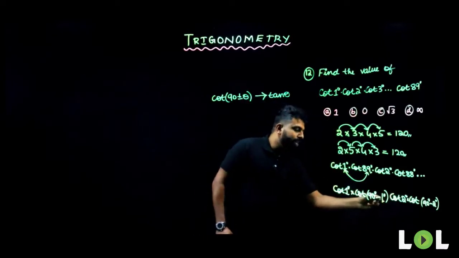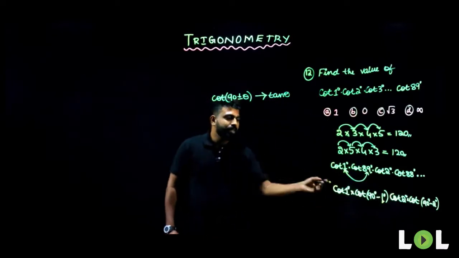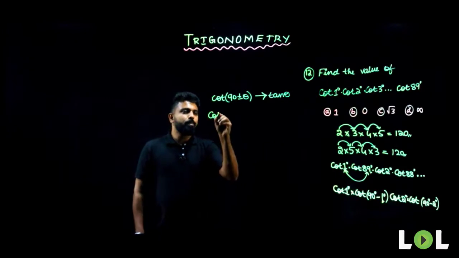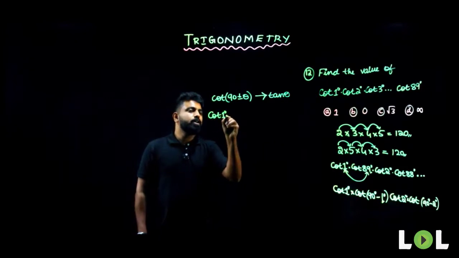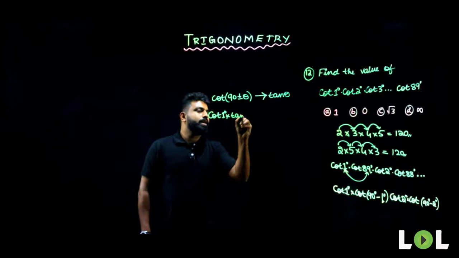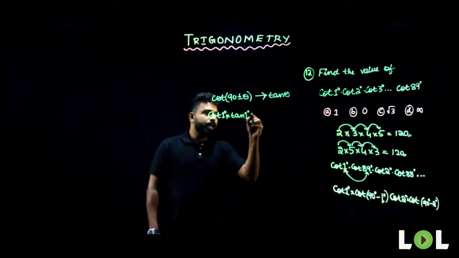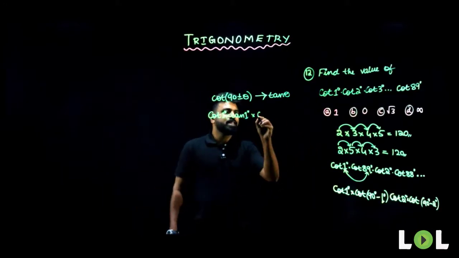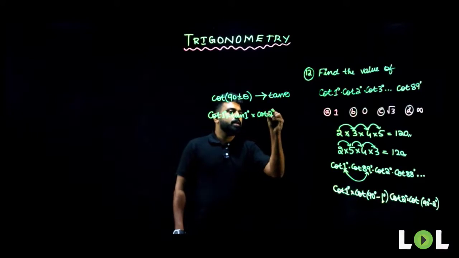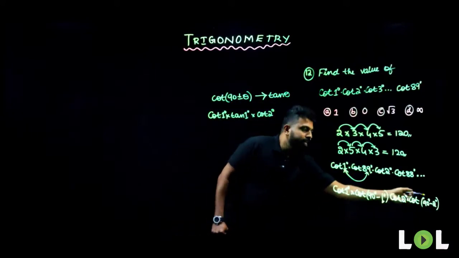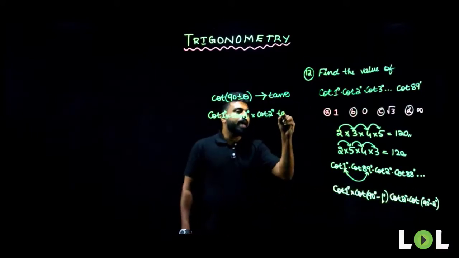What is the value of theta here? Theta here is 1 degree. So this entire expression will become cot 1 degree into tan 1 degree into cot 2 degrees as it is. Similarly, the value of cot of 90 minus 2 degrees will become tan of 2 degrees.